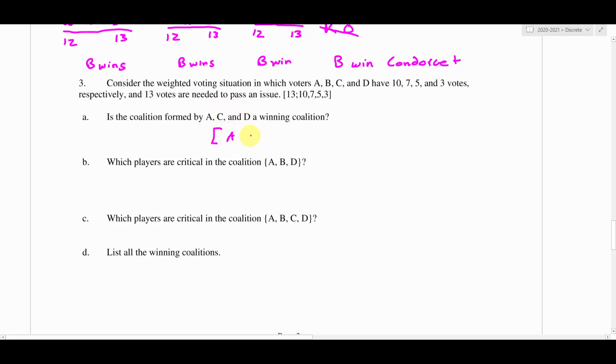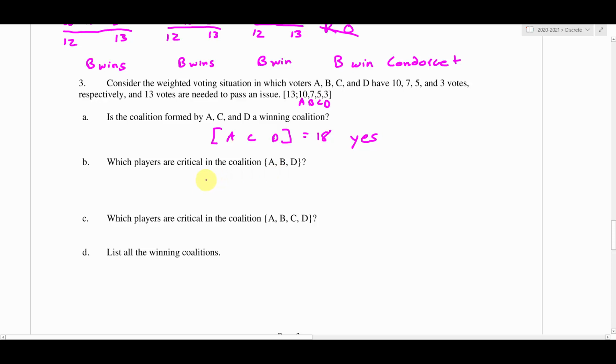Right, so if I write this out, A, C, D, and I go and I tally up the votes here, right? This is A, B, C, and D. Well, A, C, and D would have 10, 5, and 3, which is 18 votes. I then check the quota, which is 13, so 18 is more than 13, which means yes, it is a winning coalition.